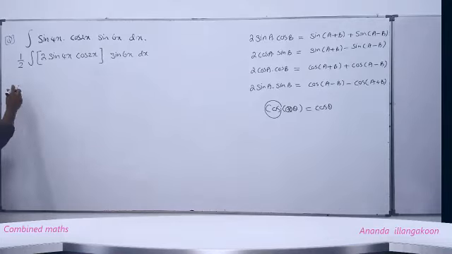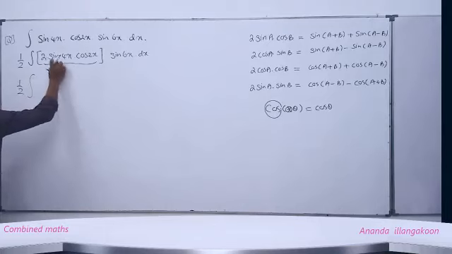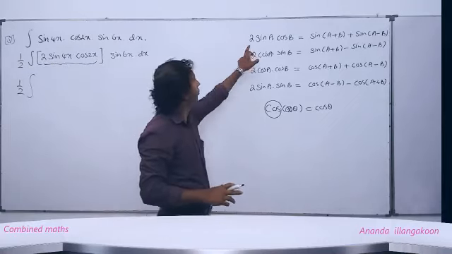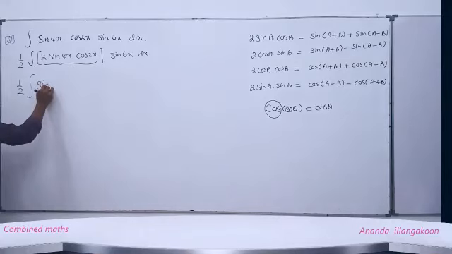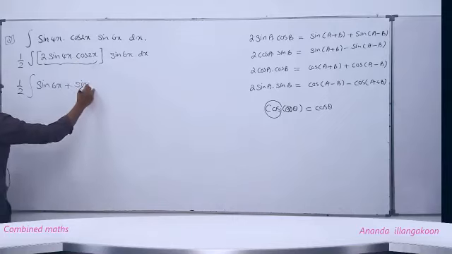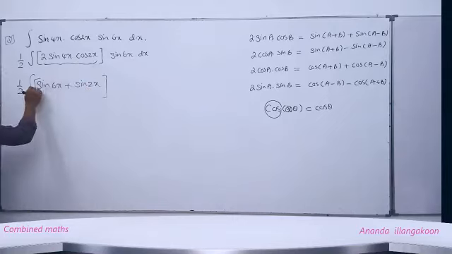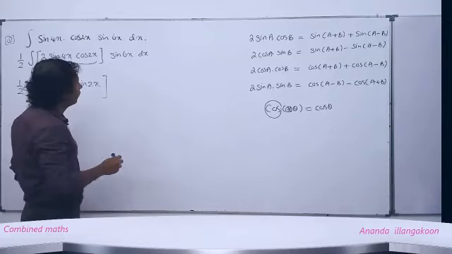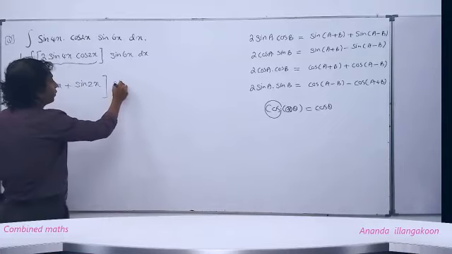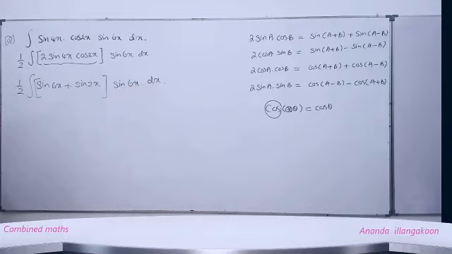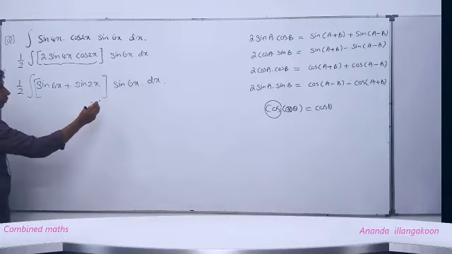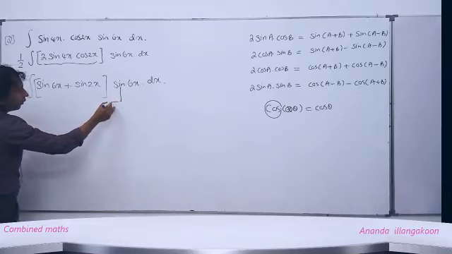Now here you can apply for this 2 sine A cos B. This one, sine A plus B, at this 6x, plus sine A minus B, 2x. And here sine 6x dx. Now what we do, this and this we multiply.